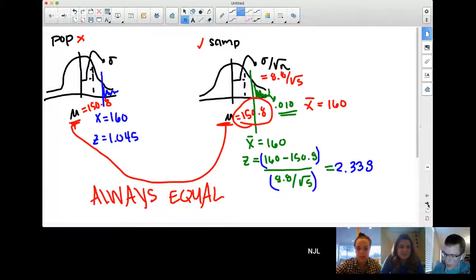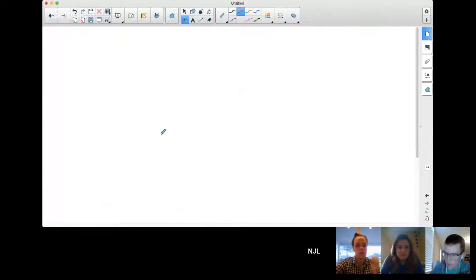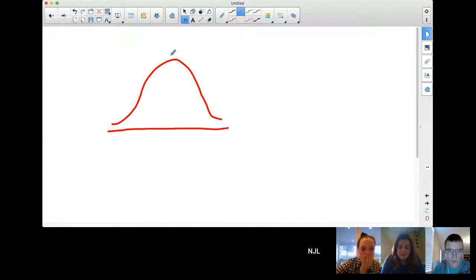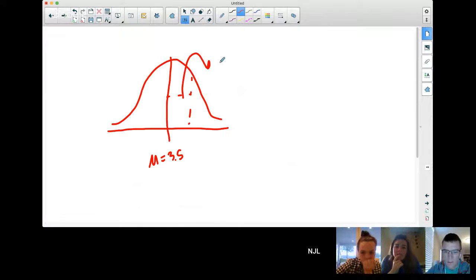If you're visual, then you're like, okay, I know I'm dealing with the sampling distribution because I'm dealing with the average of 81. The mean's the mean, so this is 3.5. The standard deviation is equal to 0.7 divided by the square root of 81.